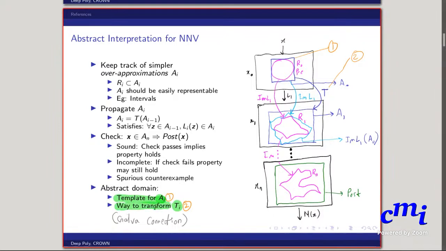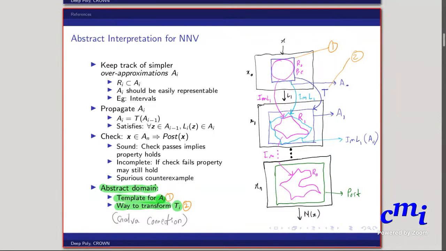If you can answer these two questions together, one template for creating AI, and for that template, a way to transform AI to AI plus 1 by a TI, you would get what one can call an abstract domain, right? And the rest of this presentation is really going to talk about the particular abstract domain that was proposed by both of these papers simultaneously, Deep Poly and Crown.